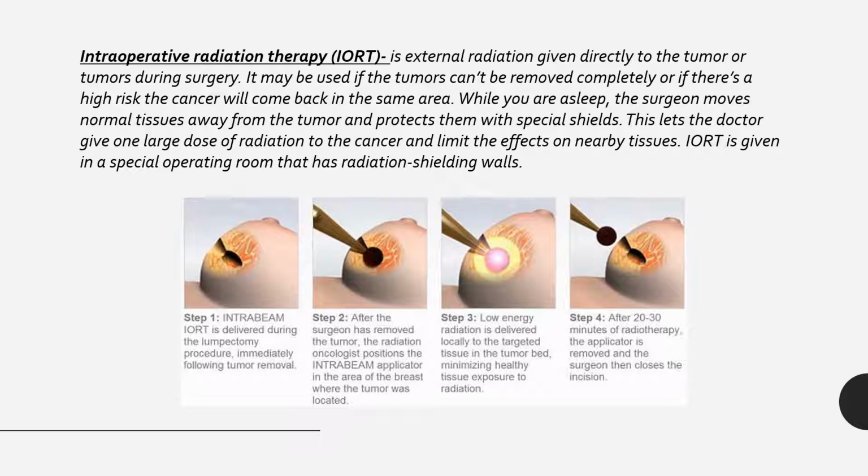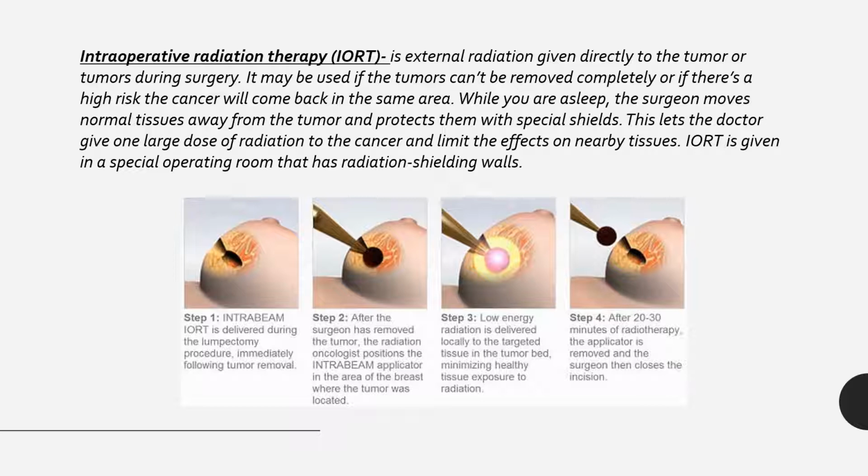IORT is given in a special operating room that has radiation shielding walls. As you can see in this image that I have, the very first step is the intrabeam is delivered during the lumpectomy procedure immediately following tumor removal. In step 2, after the surgeon has removed the tumor, the radiation oncologist positions the intrabeam applicator in the area of the breast where the tumor was located.